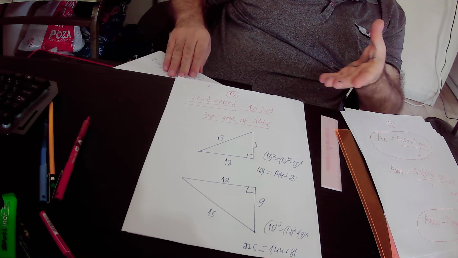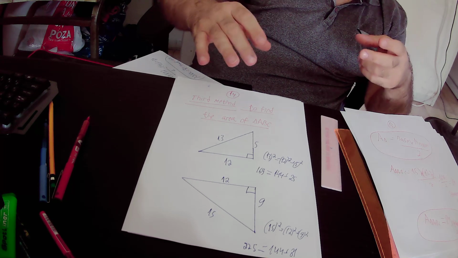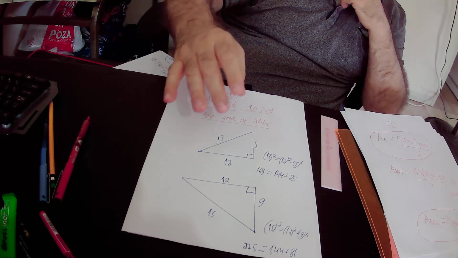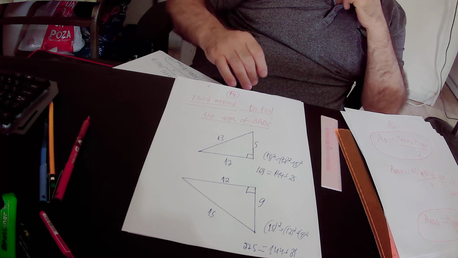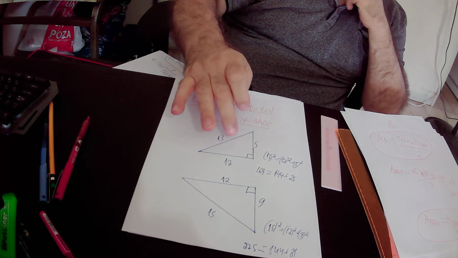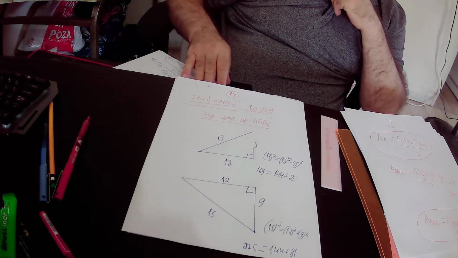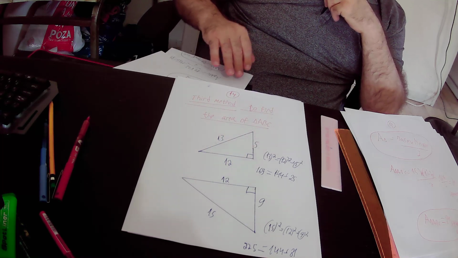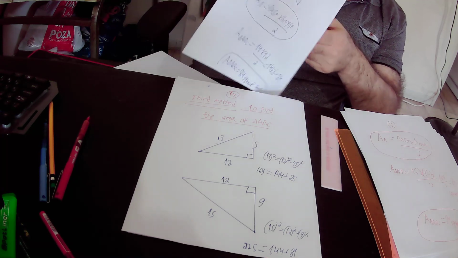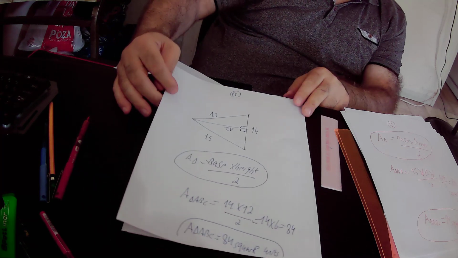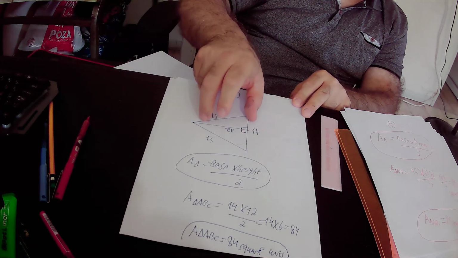According to this method, we divide triangle ABC into two right triangles, and in this way we proved that if the base of the triangle is 14 units, then the height to the base is 12 units.